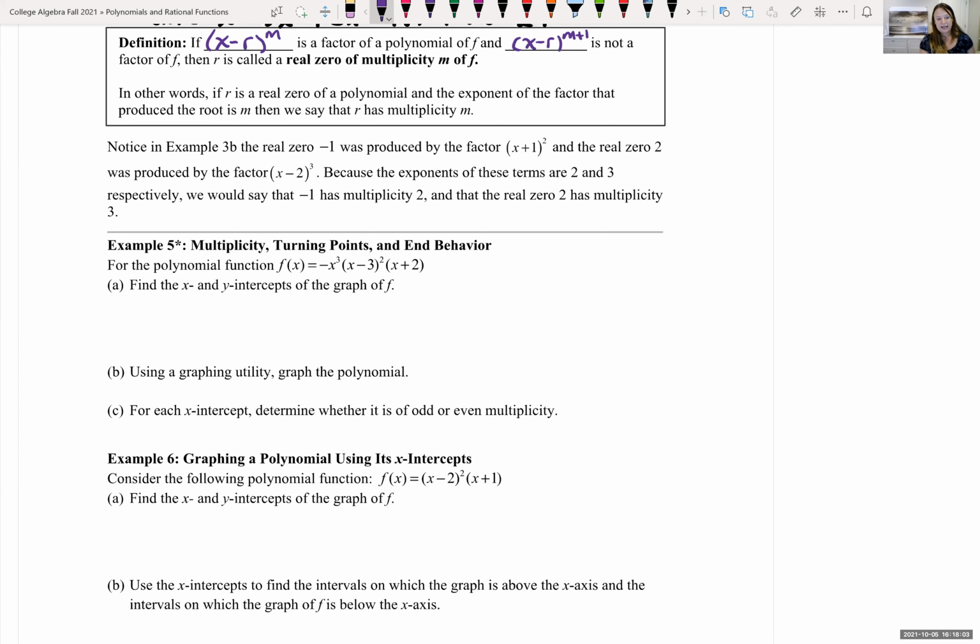Basically it's saying you look at the maximum number of factors of, in this case, x minus r. We're not going to have one additional one.